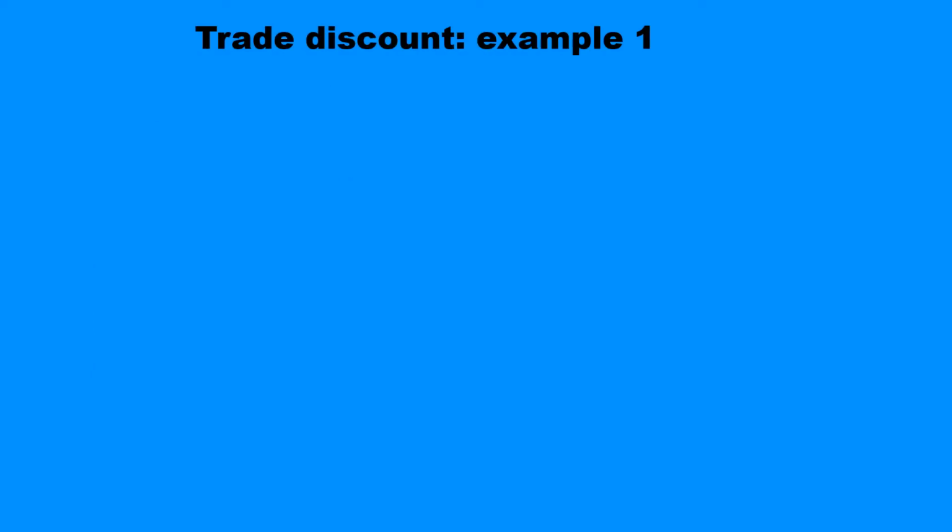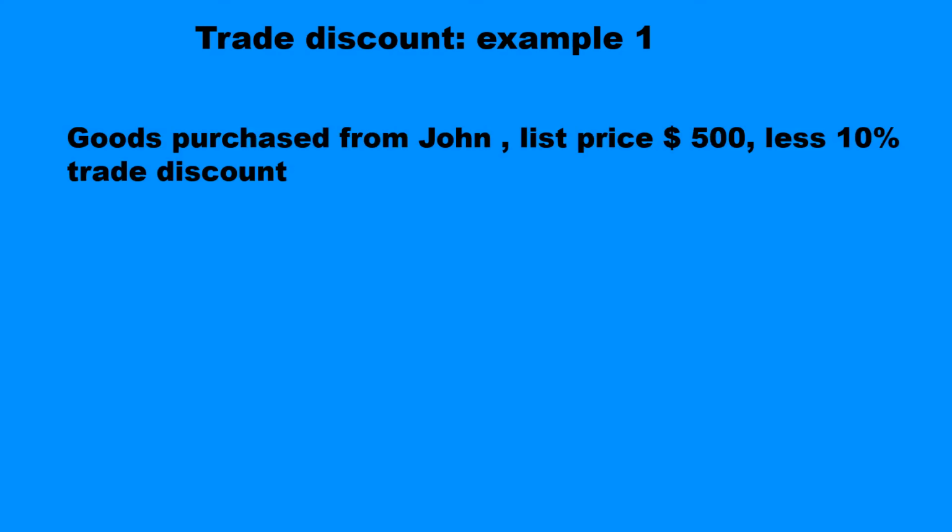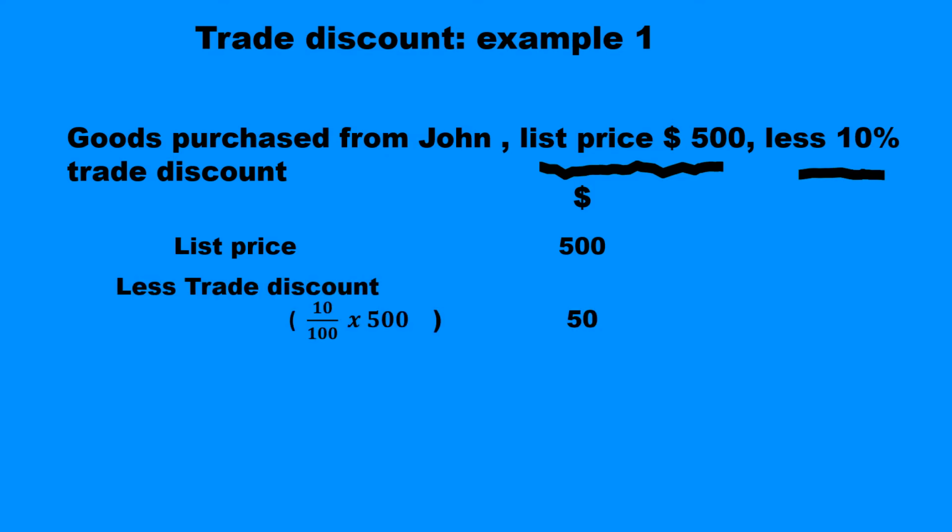Let us look at one example involving trade discount. Goods purchased from John, list price 500 less 10% trade discount. So here what we can see, the list price is 500 and the trade discount is 10%, which implies if we take the list price 500, we deduct the trade discount of 10%, which is 50.